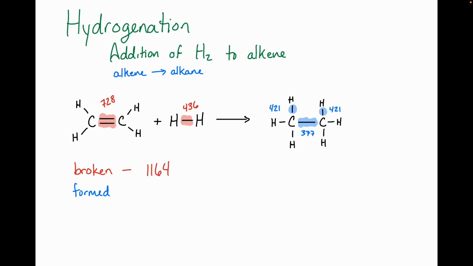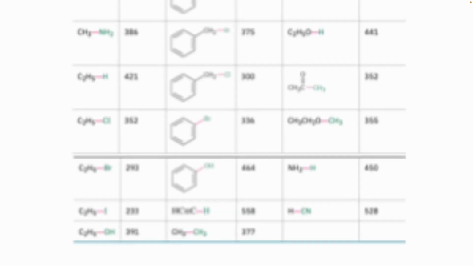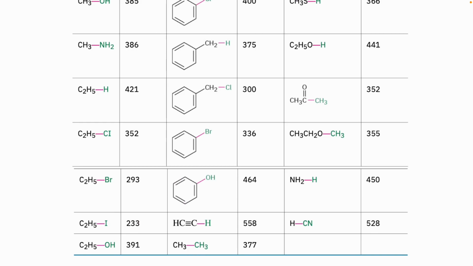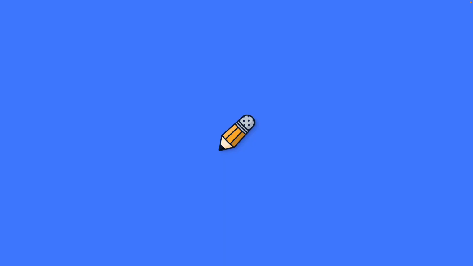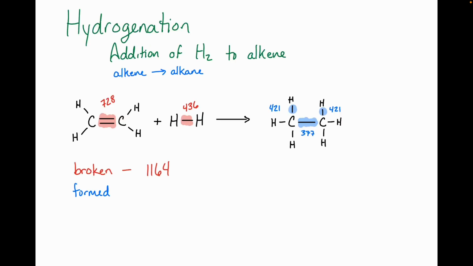Okay, to be clear, where did I get that 421 from? All right, I was looking at a 2-carbon compound and the bond energy of that carbon-hydrogen bond. So sum that all up, and I will release 1219.